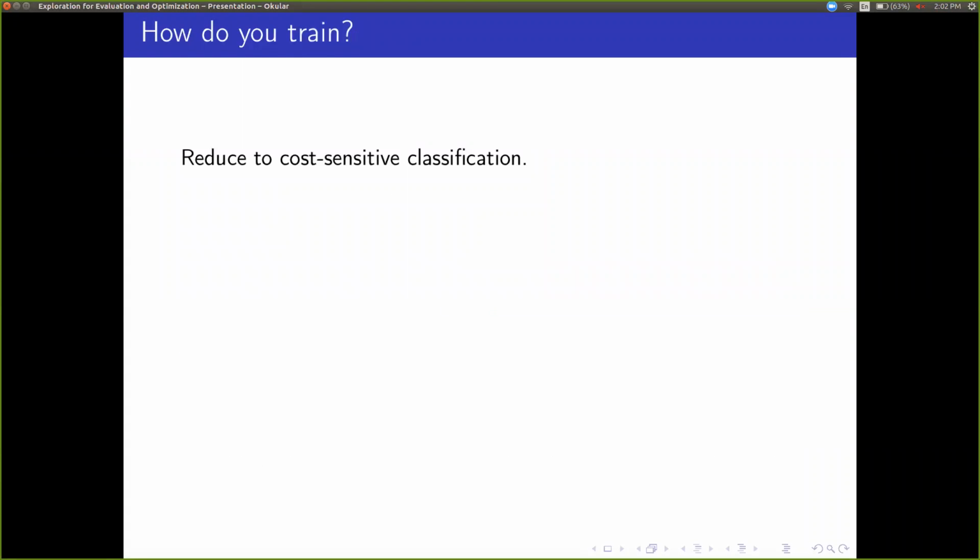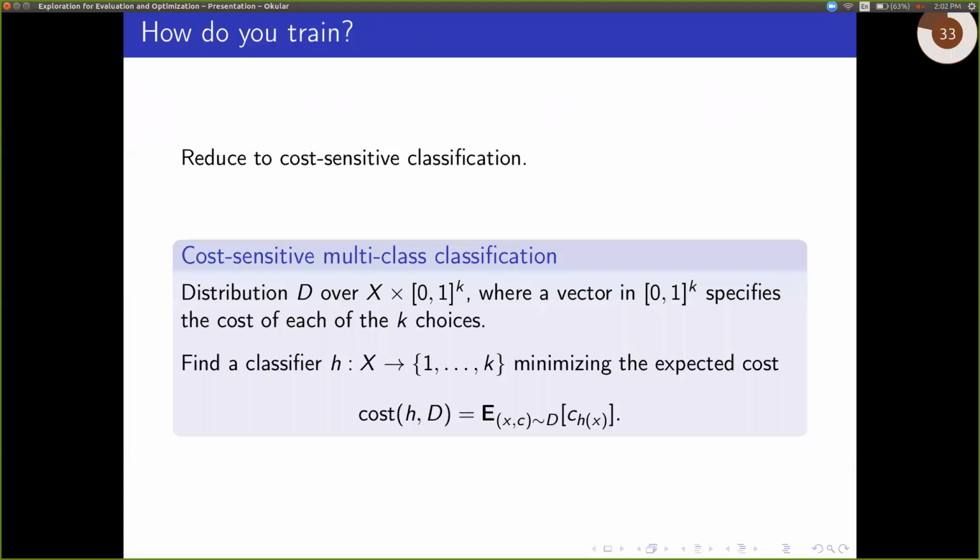Okay, so I forgot to tell you how this works. We're going to use a reduction. We're going to reduce to cost-sensitive classification. And when I say reduce to cost-sensitive classification, I mean a very particular problem. Suppose you have a distribution D over features and a cost, one per action. Then your goal is to find a classifier which minimizes the expected cost of the chosen action.